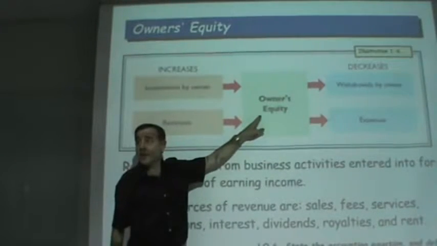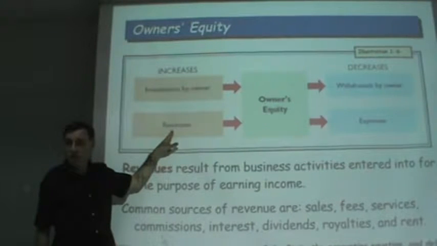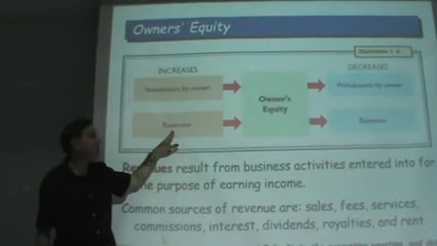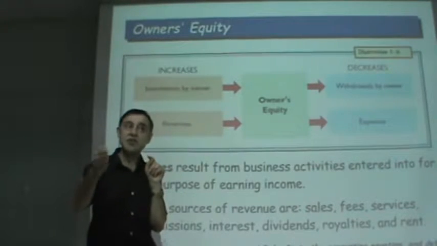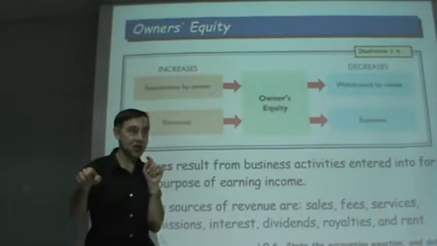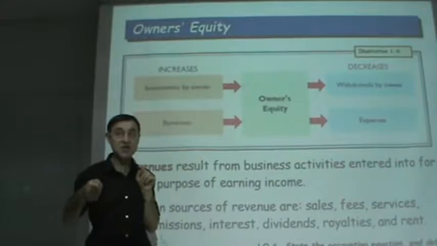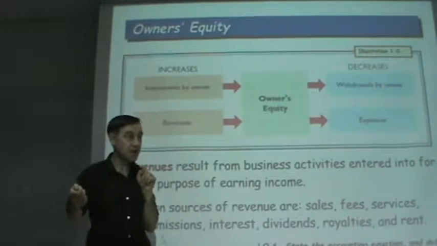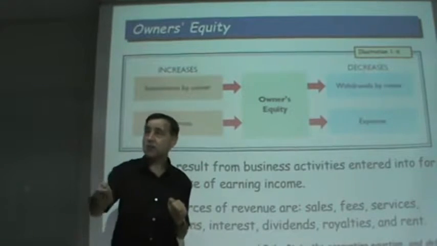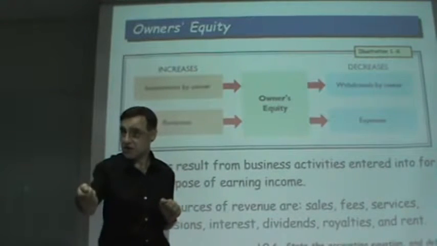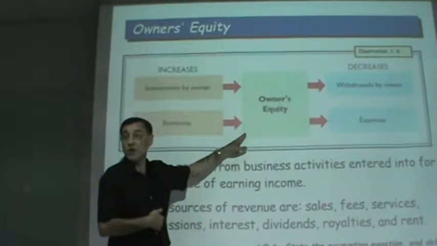And owner's equity increases, and here's the other key. Revenue. Revenue is, let me repeat from last time, money received from customers for a good or service which is delivered to the customer. Okay? So, owner's equity goes up when the customer gets a service or a product. Okay? The owner's equity goes up.